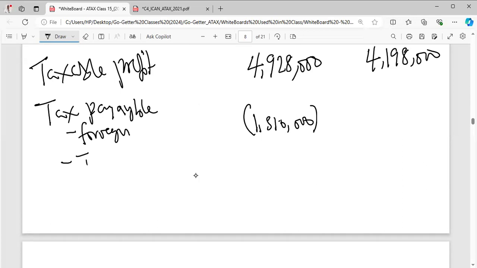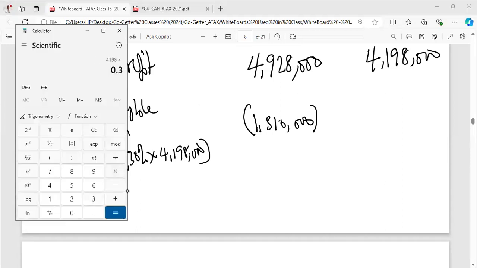Nigeria, let's say Nigeria should be 30% of 4,198,000. So what would that be? Multiplied by 30%.